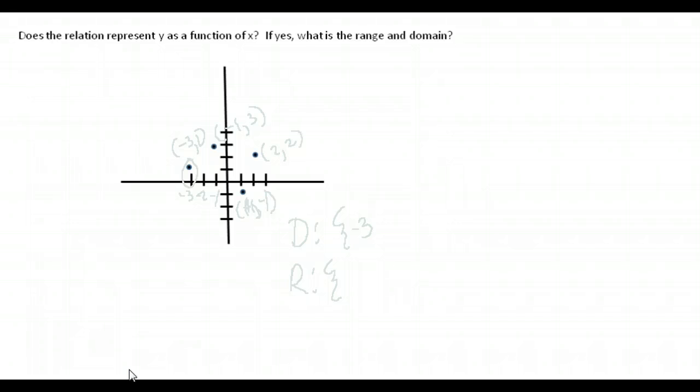So my domain is all of my x values, which would be -3, -1, 1, and 2. My range is all the y values, which would be 1, 3, -1, and 2. There's my domain and my range.